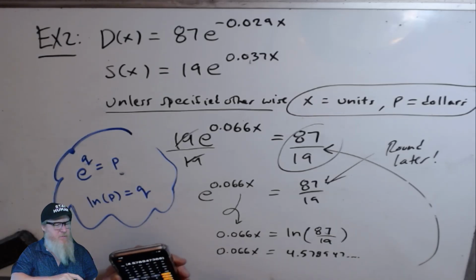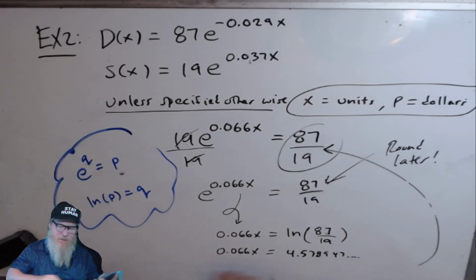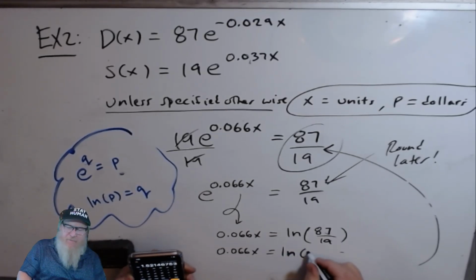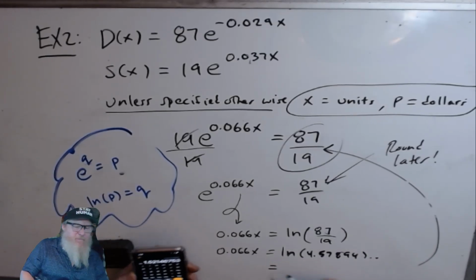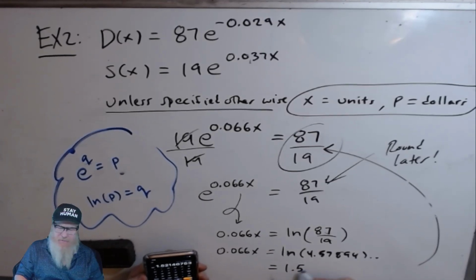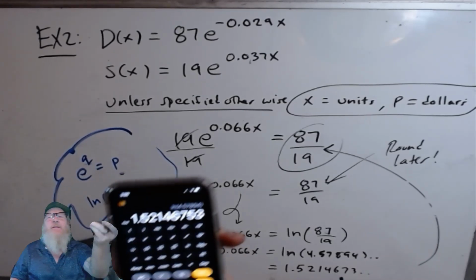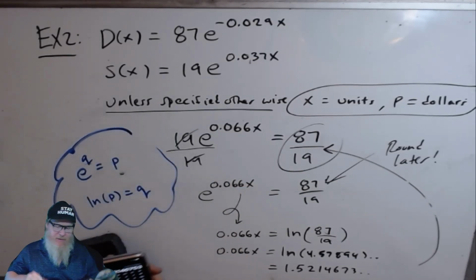Wait a minute, I don't trust this. It's ln of 4.57894. They changed my calculator screen on me, and I'm not very happy with that. It's making me hit the button a second time. So there's my ln now.